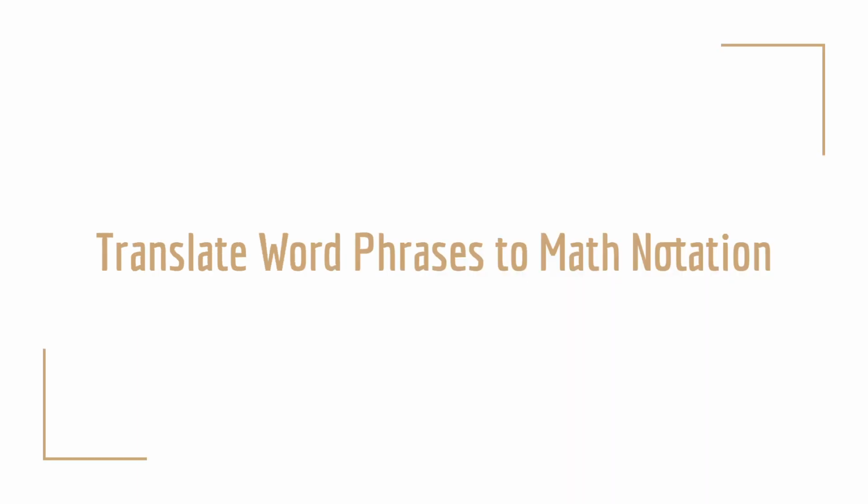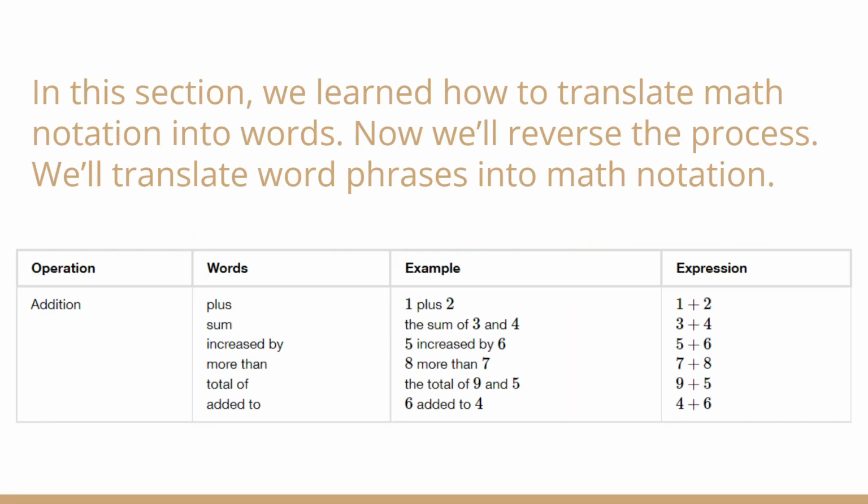Next, translate word phrases to math notation. In the previous section, we learned how to translate math notation into words. Now we will reverse the process. We will translate word phrases into math notation. So plus, sum, increased by, more than, total of, and add to are the words that we use for addition.